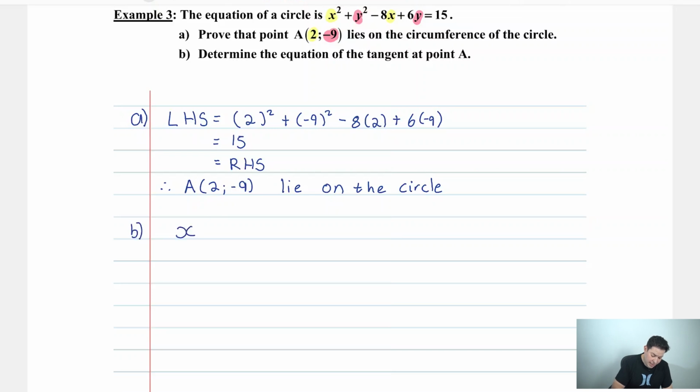Let's group our x's together. So it's x squared minus 8x plus y squared plus 6y is equal to 15.